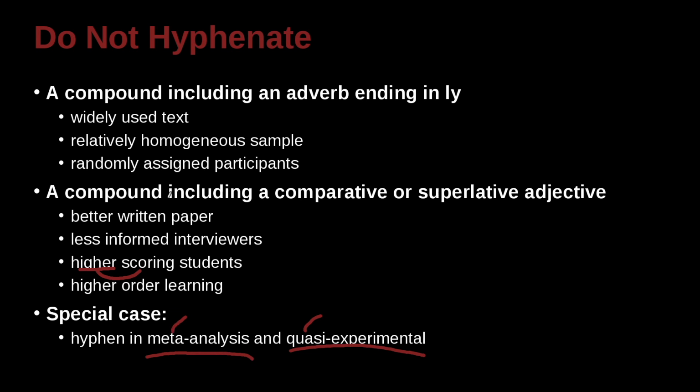This should fall under the case of the comparative because this is actually modifying this, and this is actually modifying this. But in this case, we do use the hyphen because, like I say, it's a special case. It's accepted, and we often use these words. So if you use the word meta-analysis, make sure you use the hyphen, and quasi-experiment, make sure you use the hyphen.